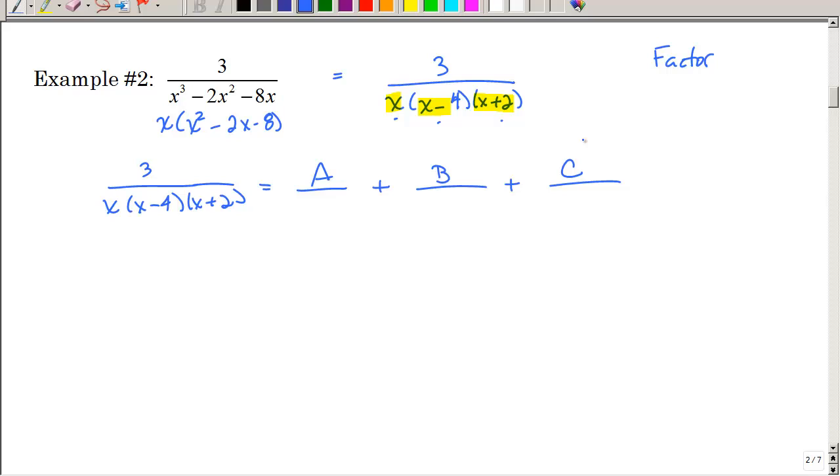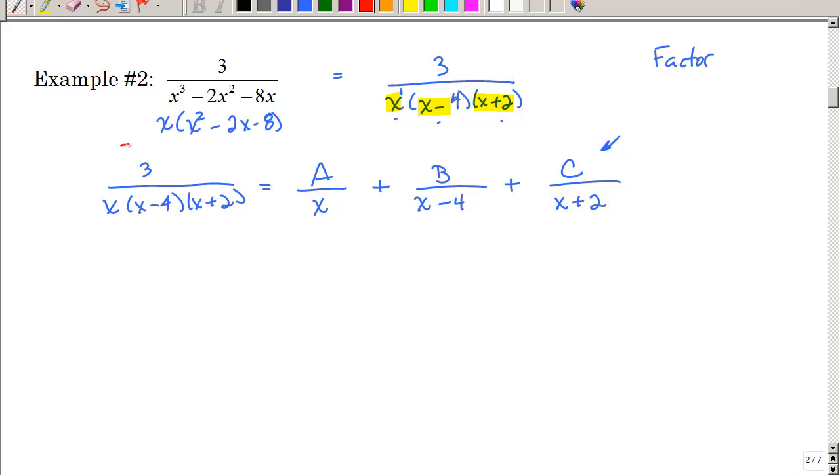Now notice constants are really x to the 0 power, and linear is x to the first power. So you always want that numerator to be 1 degree less. That's going to become important later on when we get to those quadratics. Now we put these constants over our individual factors, and that's our equation.